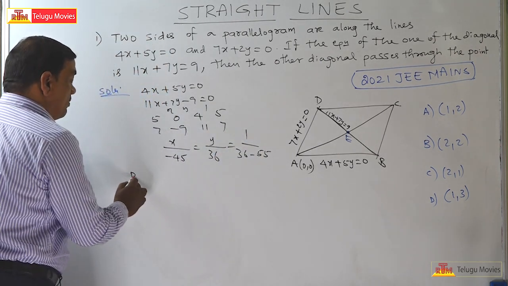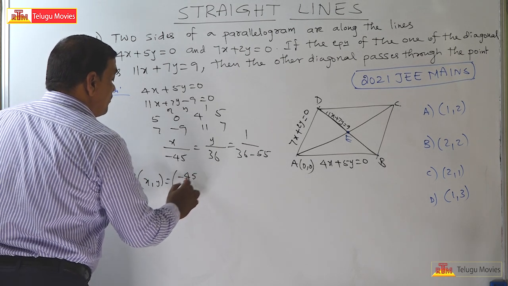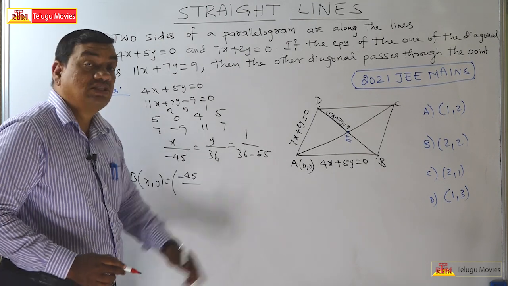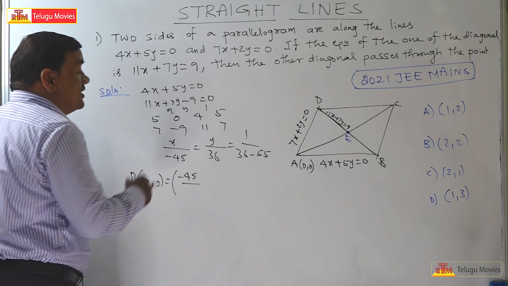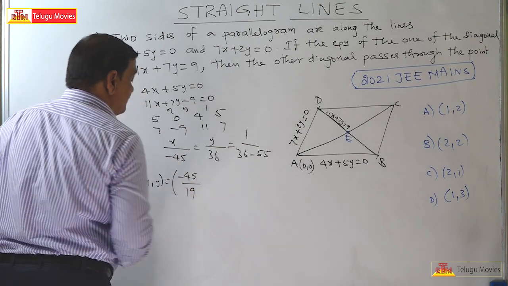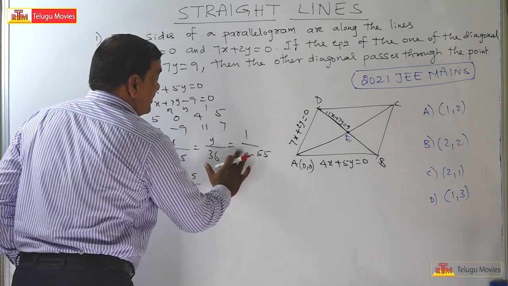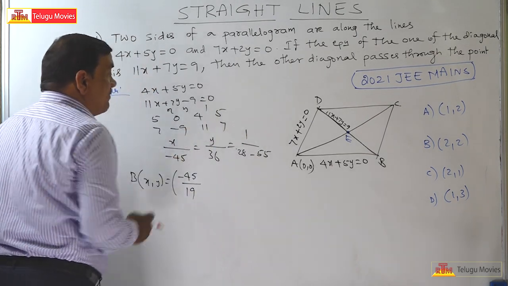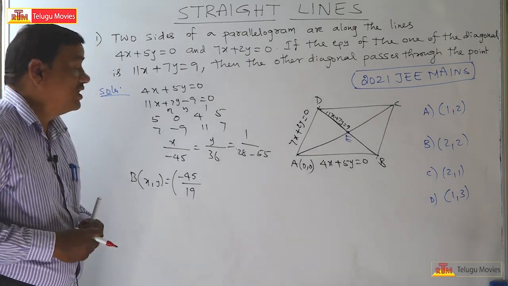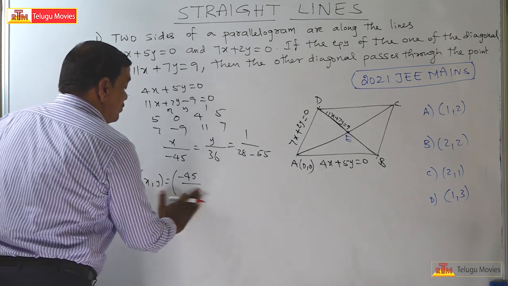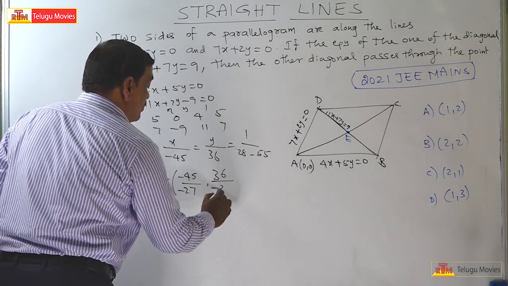So the coordinates of B are x comma y equal to minus 45 upon 36 minus 55, but 4 sevens are 28 and 11 fives are 55, and 28 minus 55 is minus 27. So it is 36 by minus 27.